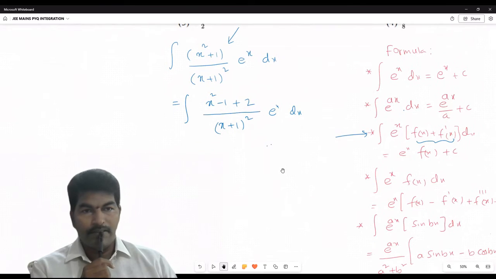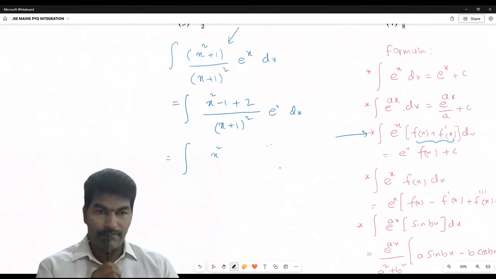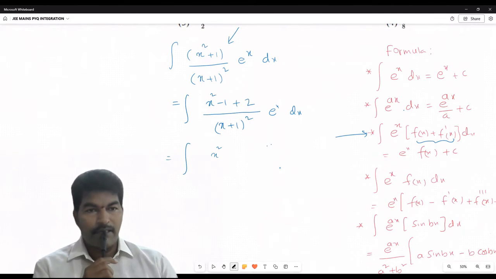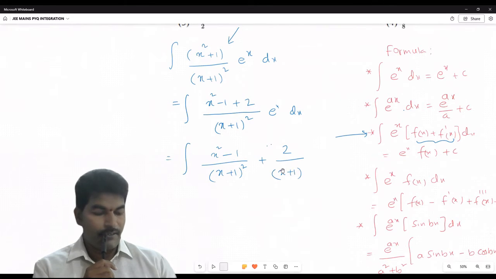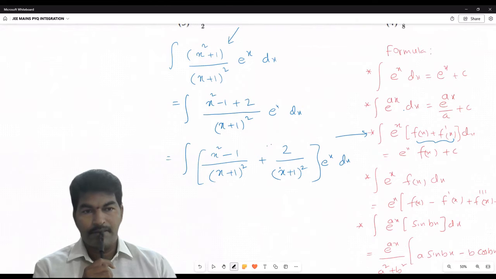And next we can separate the terms, expressing f of x plus f dash x. So (x square minus 1) by (x plus 1) whole square plus 2 by (x plus 1) whole square, of e power x dx.